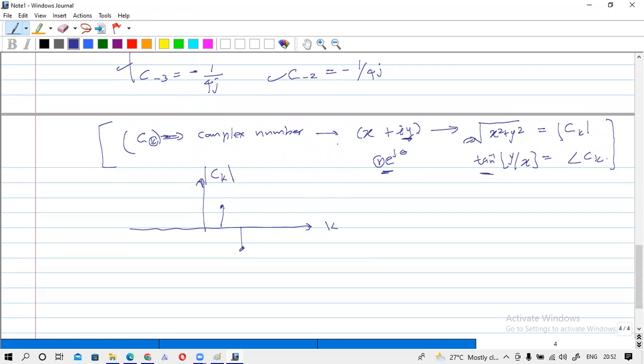If you plot it for different k, where k is equal to 0, 1, 2, 3, 4 and -1, -2, -3, -4, and so on, it will be the magnitude plot.